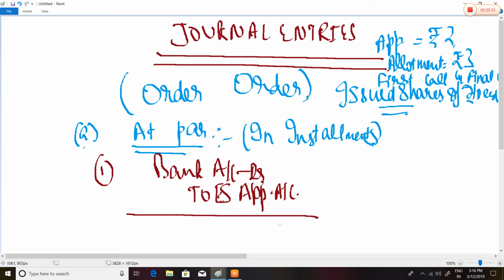If nothing is mentioned, whether the company has issued equity shares or preference shares, then you have to simply write share application. Okay, rupees 2, and the narration would be being amount received on application.